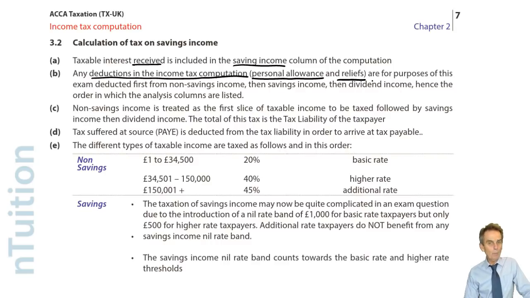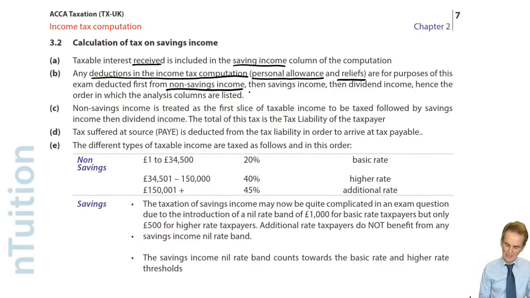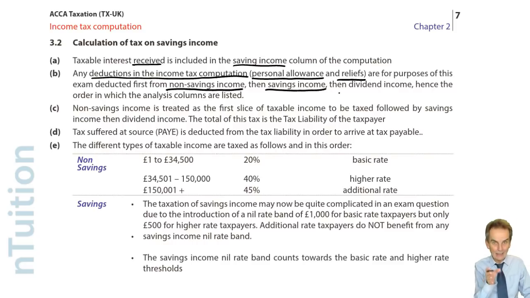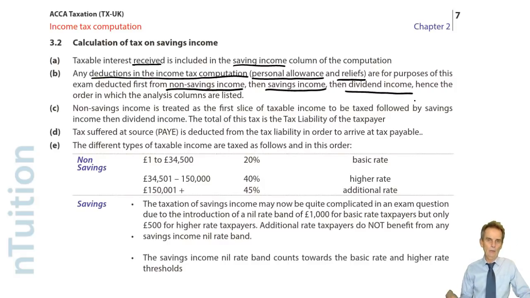So any deductions, be they qualifying loan interest or any trading loss reliefs, are deducted where from? Firstly from non-savings income, followed by savings income, that's the one we're now dealing with, and only eventually, if necessary, through to dividend income. Hence again, as we know, the order in which we listed out those sources of taxable income.